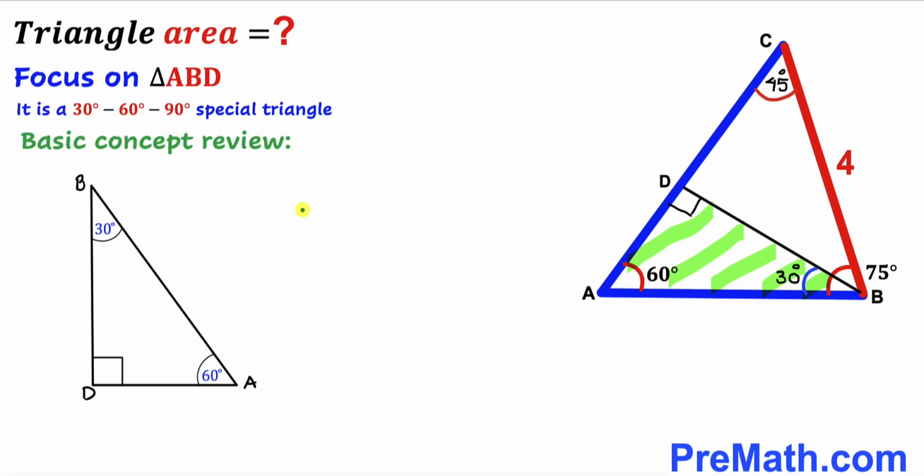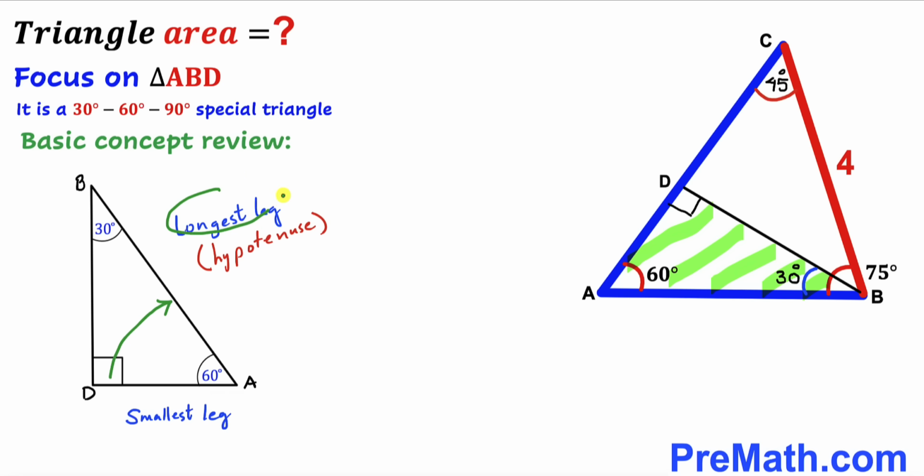Before we proceed any further, let me go over the basic review and focus on this special 30-60-90 triangle. Here we can see 30 degrees is our smallest angle, whereas 90 degrees is our largest angle. So the side opposite to the smallest angle is our smallest leg, and the side opposite to the largest angle is our longest leg, which is also called the hypotenuse.